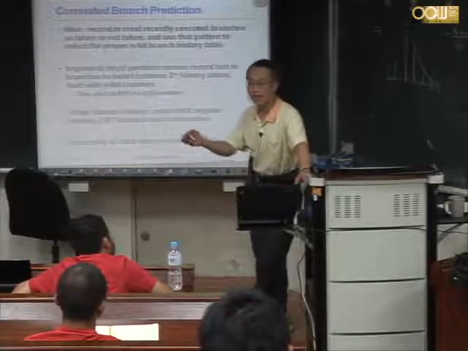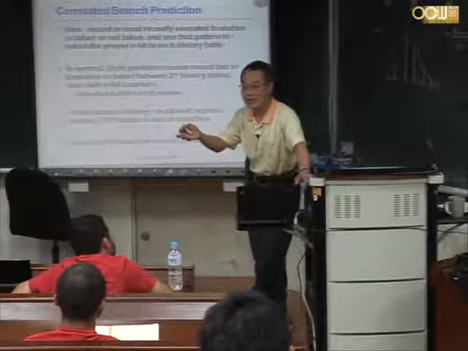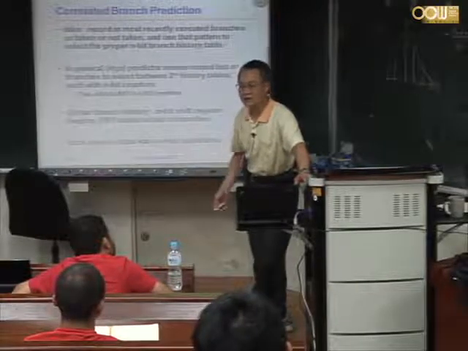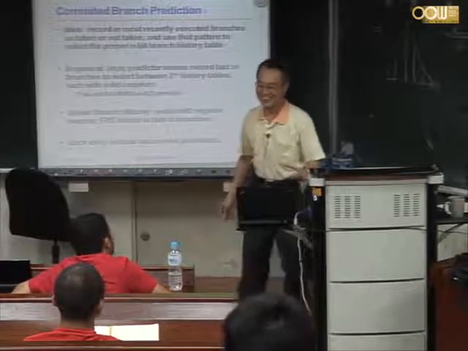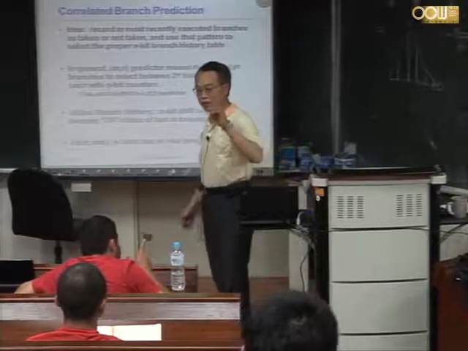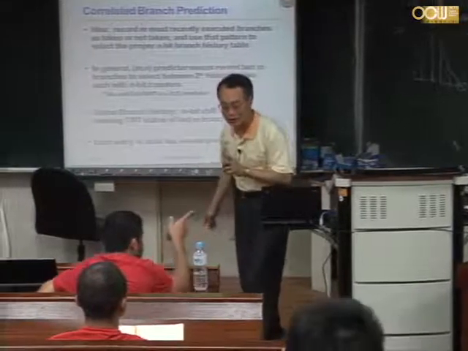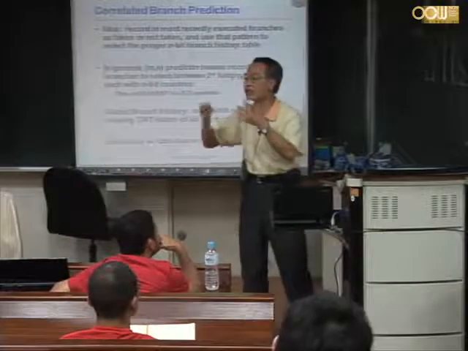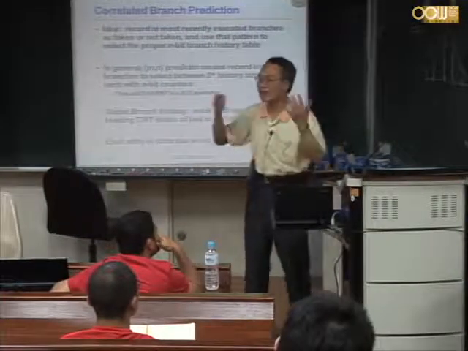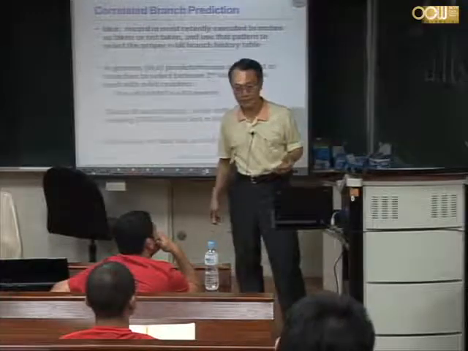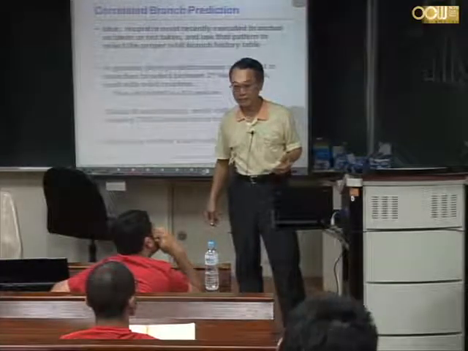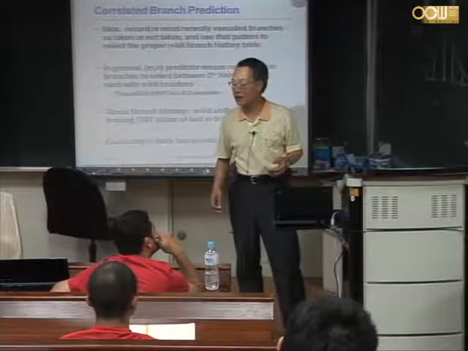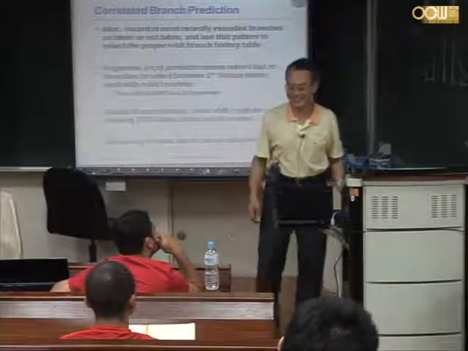So 32K, is that acceptable to you now? Wow, already too big. That's just for one branch, right? No, it handles all the branches. It predicts all the branches. It works for the entire program.